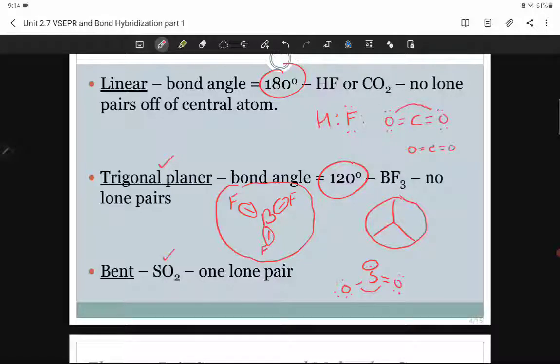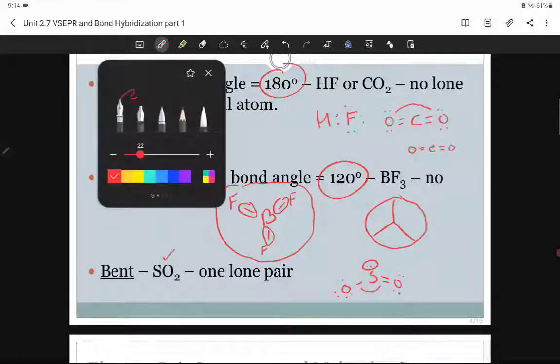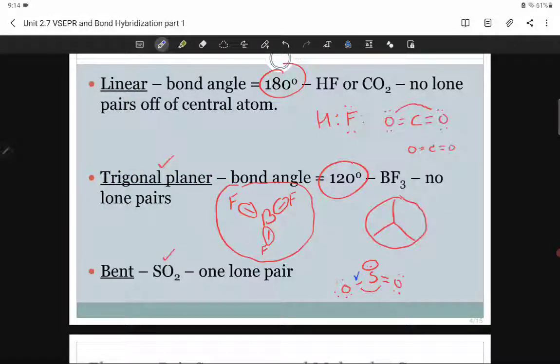The sulfur has, let's go with a little different color here, 1, 2, 3 spots that electrons are coming off the central atom. It's just that in this one, they're all bonded, and in this one, one of them is not bonded. And remember that the unbonded electrons repel a little bit more.